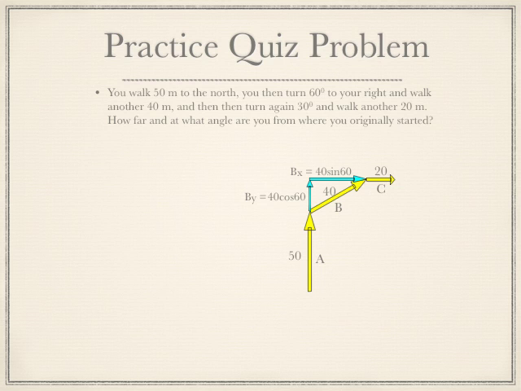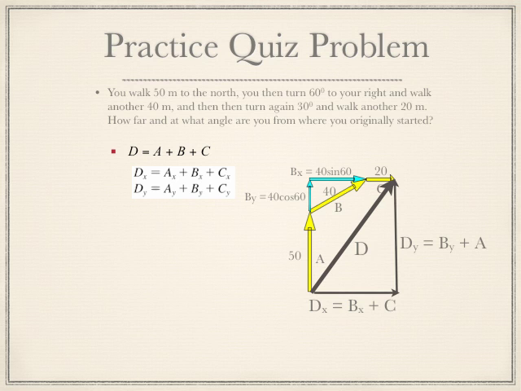And so the overall displacement is A plus By and the Bx component, which is still just a vector, added to vector C. The overall amount in the x direction, Bx plus C, and the overall displacement in the y direction, A plus By, is equal to our overall displacement's components in the x and y direction, Dx and Dy, which yields our overall displacement from start, the tail of A, to finish, the head of the last vector, C.